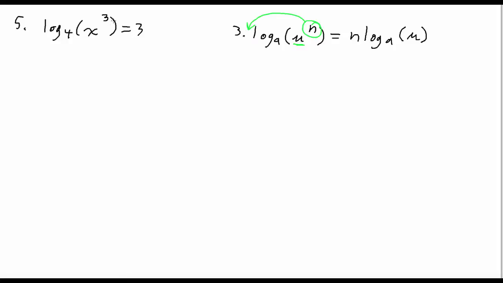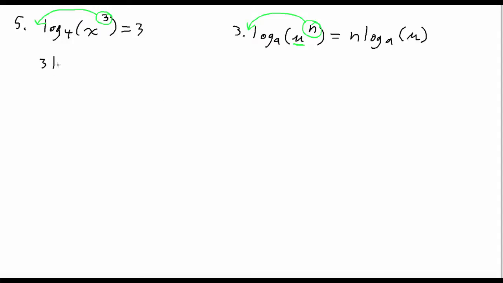So, we're going to do the same thing to this 3 up here. This is x to the 3 power, which is basically our version in this particular problem of u to the n power. And we're going to take the 3 and move it out front of the logarithm so that it's a multiplication.